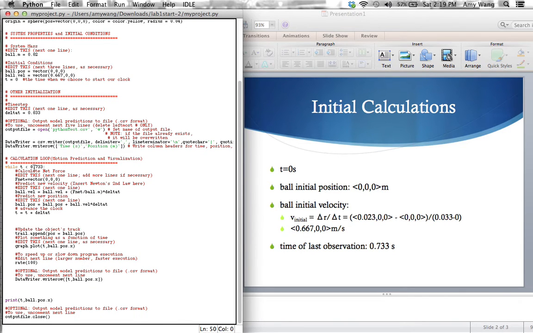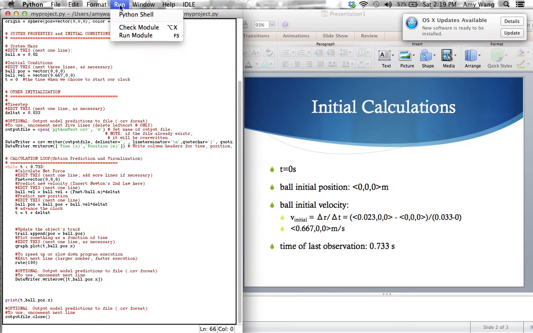We chose time less than 0.733 seconds because that was the time of our last observation. Here we are setting F net equal to 0, meaning constant velocity, as I said earlier, and these two equations of velocity, gotten from Newton's second law, and position will give us the position at each time interval.